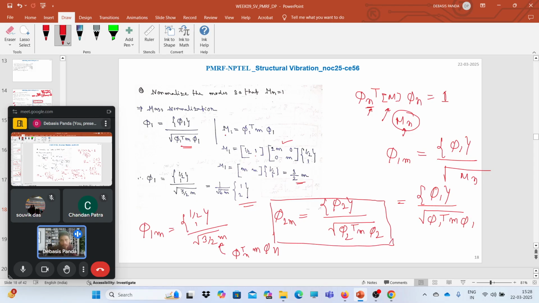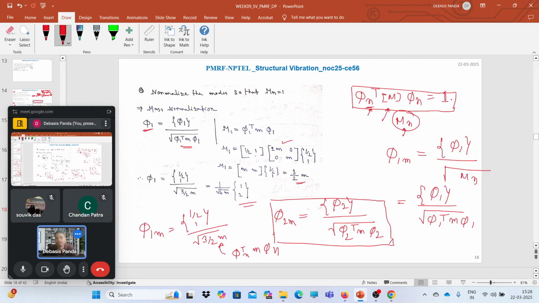Your mass normalized mode shapes come as this, and you have the modal mass matrix. If this condition is satisfied, the normalization is done. So if a question asks, mode shapes are given and the mass matrix is given, how to normalize the mode shape with respect to mass, this is how we can normalize it.